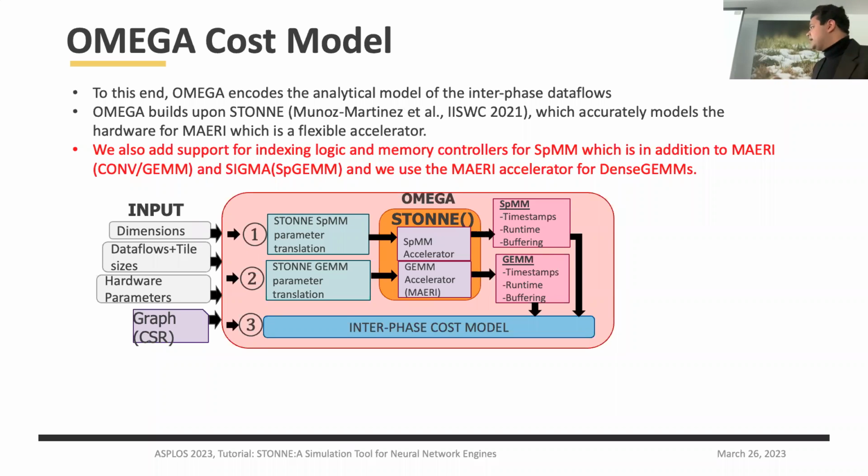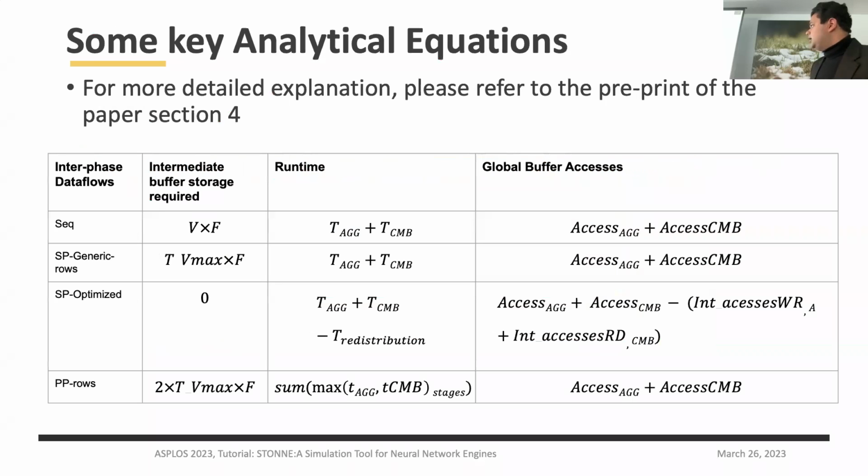Sequential is just simple: you just add the runtimes from both the SPMM and GEMM accelerator numbers, but our cost model can do interface data flows as well. And then we get the runtime, energy, and buffering stats as the output. Here are some of the equations of our interface cost models.